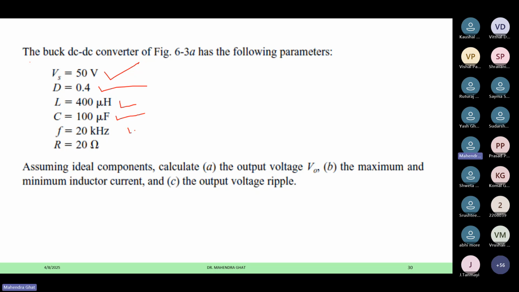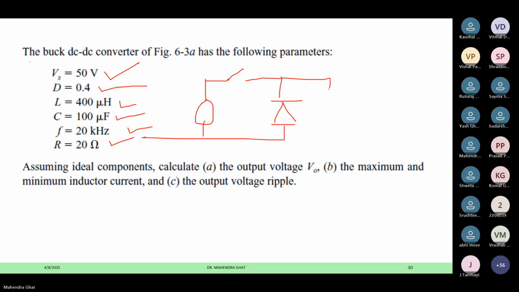Then the frequency is 20 kilohertz and R is 20 ohm. So this is our buck converter, where all the values are given: inductor and capacitor, all values, and the load also given.